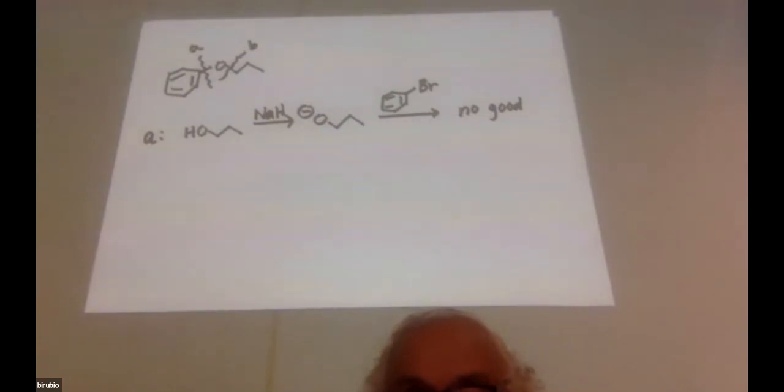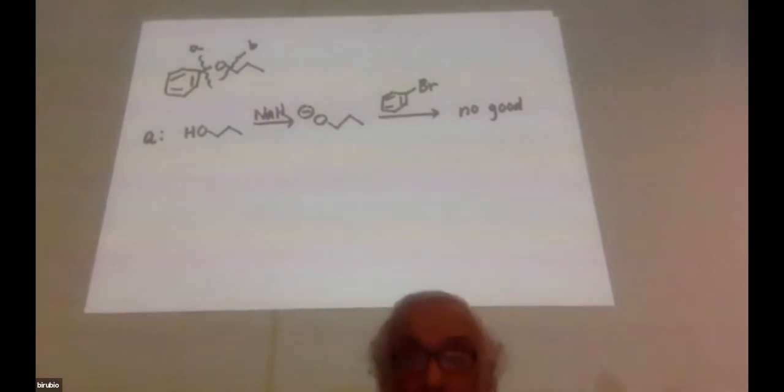Well, it has nothing to do with being primary, secondary, or tertiary. It has nothing to do with elimination. It has nothing to do with being bulky. Okay. All right. Ooh, some creative reasoning here. I like it.